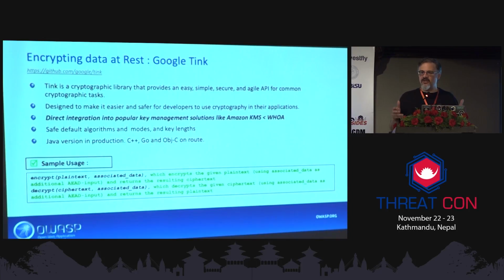Google Tink is one of the best projects I've ever seen out of Google. Right? Google Tink allows me to connect to very popular key management services like the Amazon Key Management Service and similar natively. It uses all strong, highly secure defaults. There's Java, C++, Go, and Objective-C available that has all interoperable cryptography.